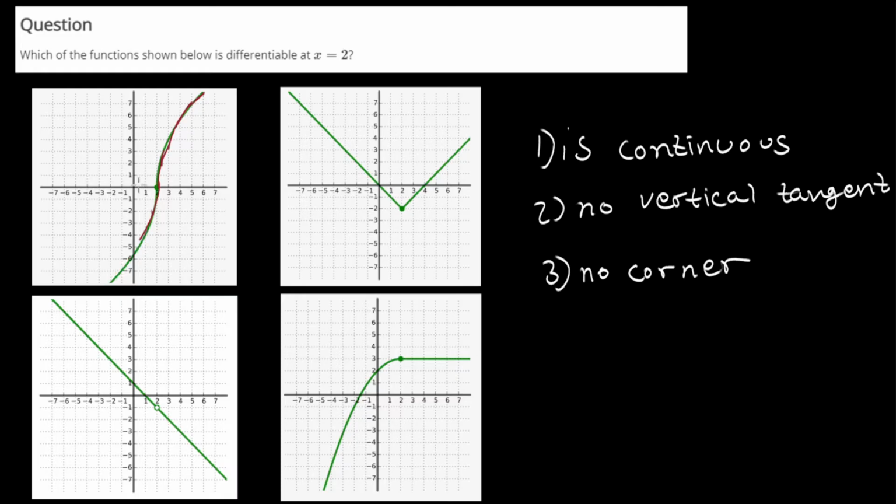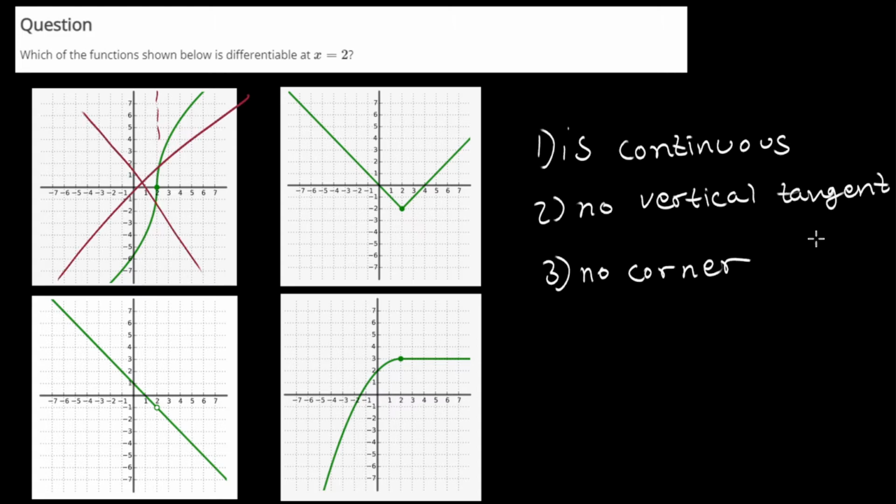That's great. But does it have a vertical tangent? Yeah, it does, right here. Look at this. That is a seriously vertically challenged tangent. That's a vertical tangent right here because it's causing a straight line. So that means that this is not differentiable.